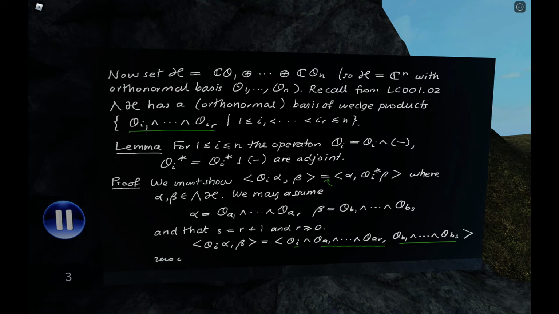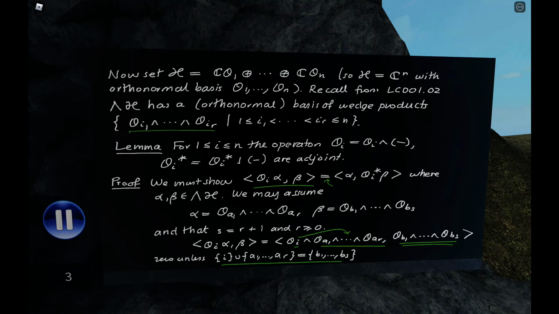So that's 0 unless I union A1 through AR is equal to B1 through to BS. In which case it's the sign of the permutation which puts the i in the right place, so that that sequence of indices is ascending as the right hand side is. Alright, so that's what the left hand side works out to be. It's 0 unless that's true, and if it's true then it's that sign of the permutation.